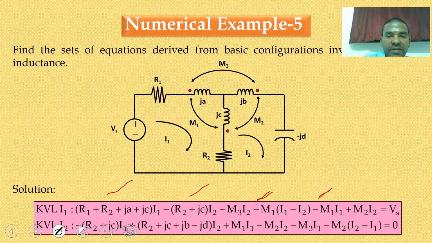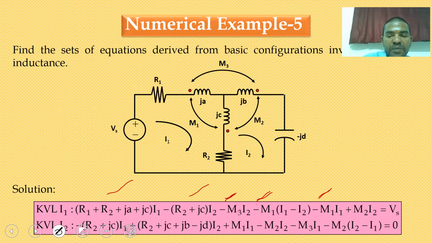Similarly, for the coils JA and JB, I1 is the starting dot, but I2 is the ending dot, so this is also minus sign. Coming to JC and JB, JC is a starting dot, ending dot. JB is also ending dot.